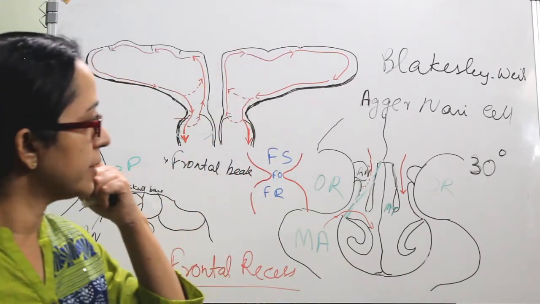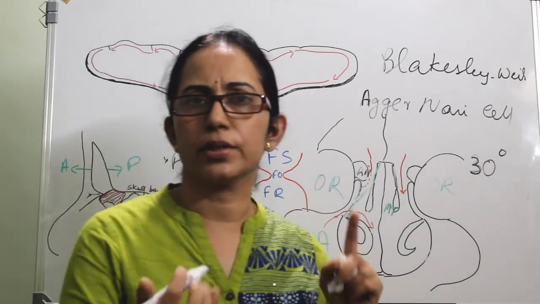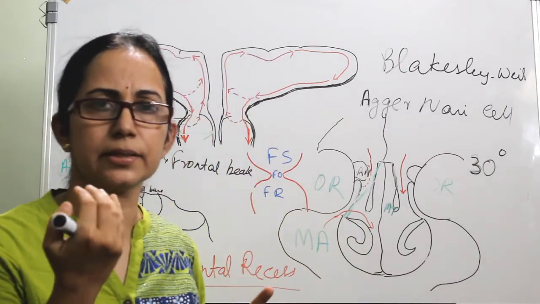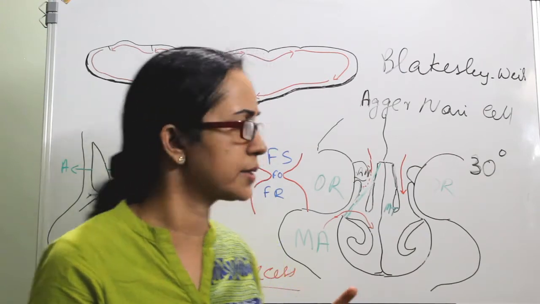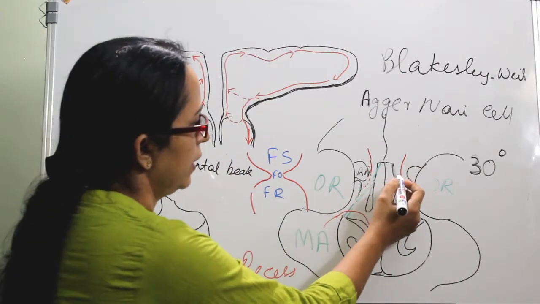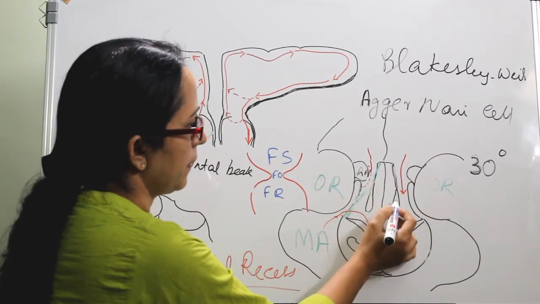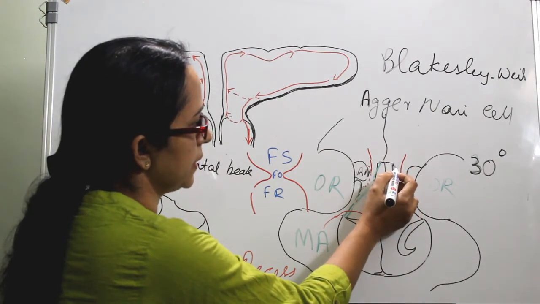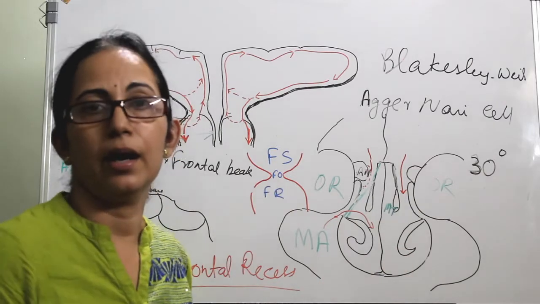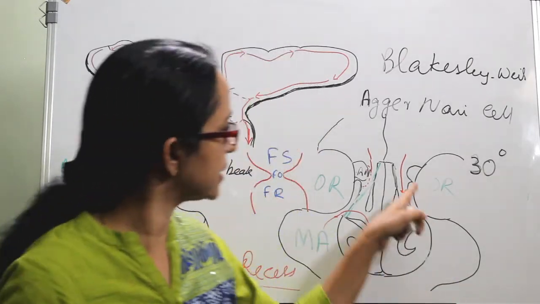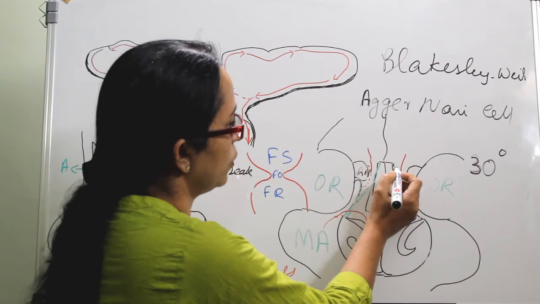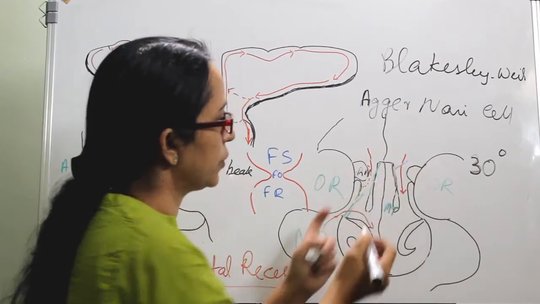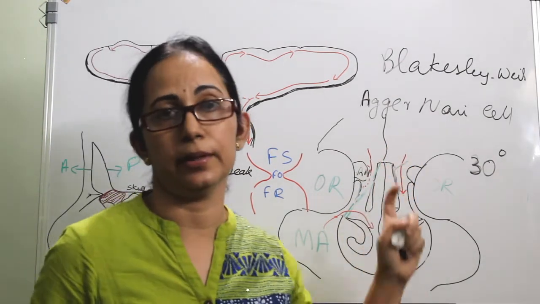Okay. And usually what is the entry point to the frontal recess? This is the middle turbinate. So on reaching the middle turbinate, just below the axilla of the middle turbinate, this is the axilla here. So just below, we always put the instrument antero-superiorly.